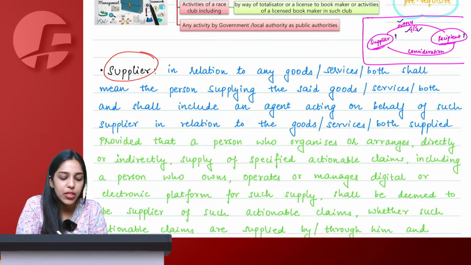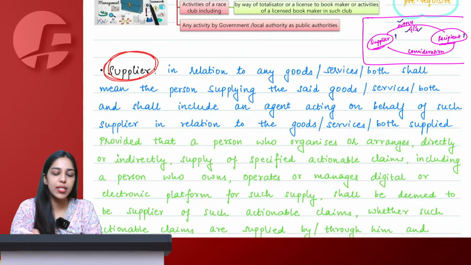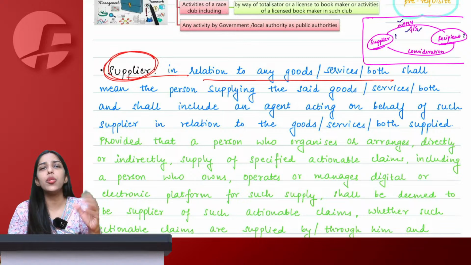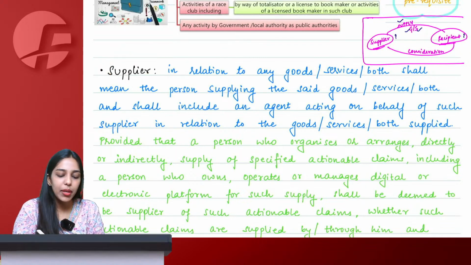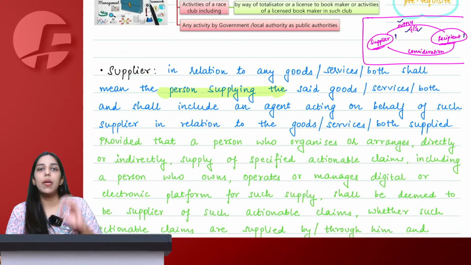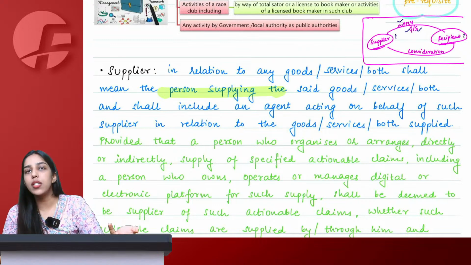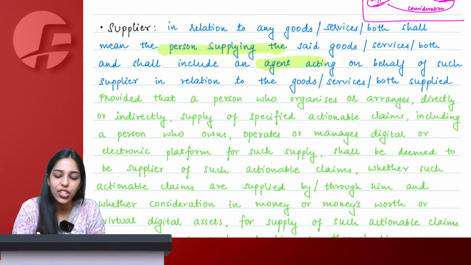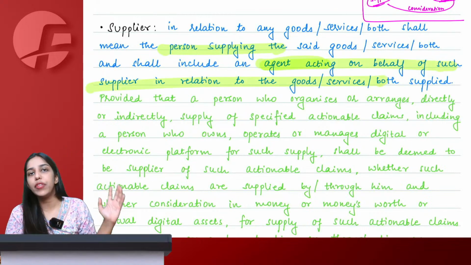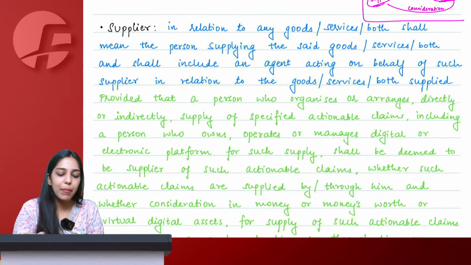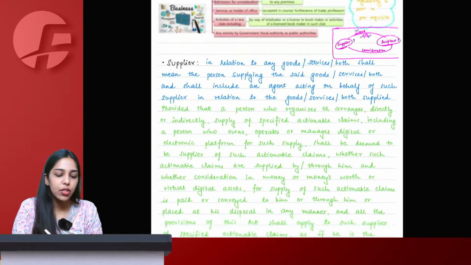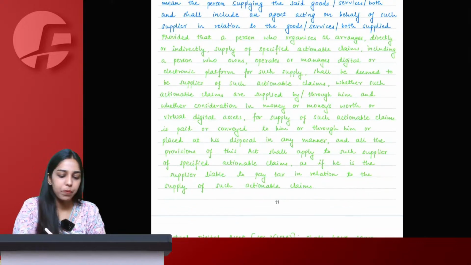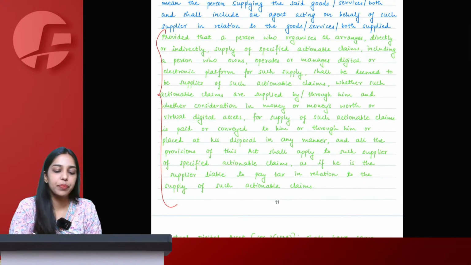So supplier in relation to any goods or services or both shall mean the person supplying the goods or services, and shall also include any agent acting on behalf of the principal. But this amended part, earlier the definition was only this three-line definition, but now they have added this point. What do we understand by this?